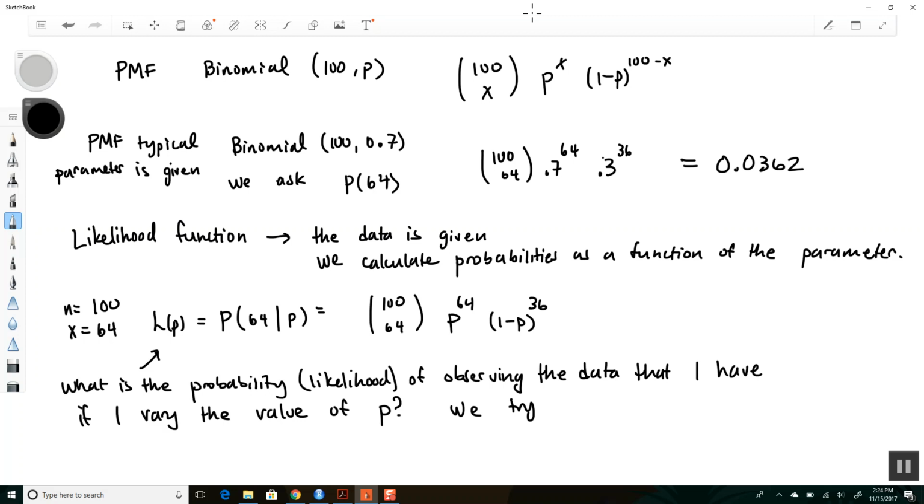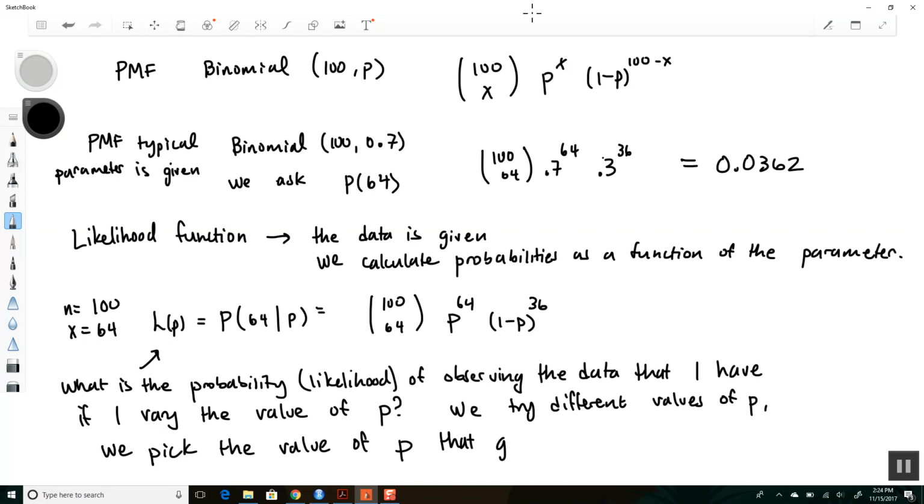We try different values of p, and we pick the value of p that gives us the highest likelihood. That is our MLE, our maximum likelihood estimate.